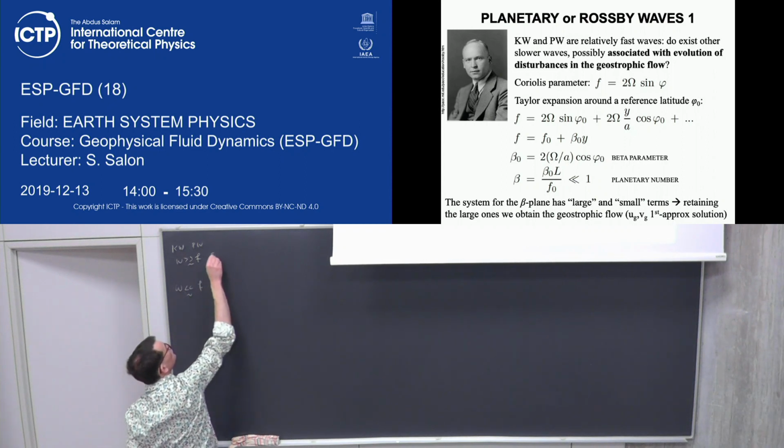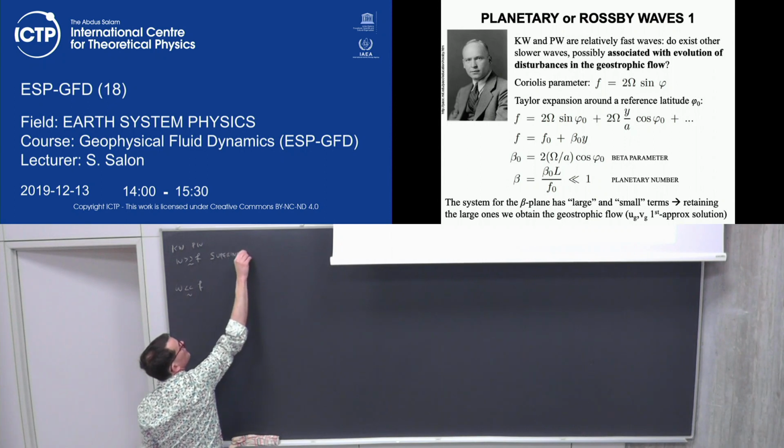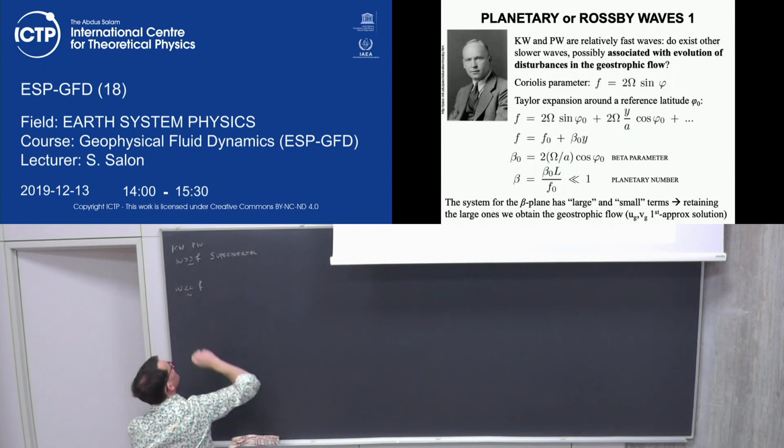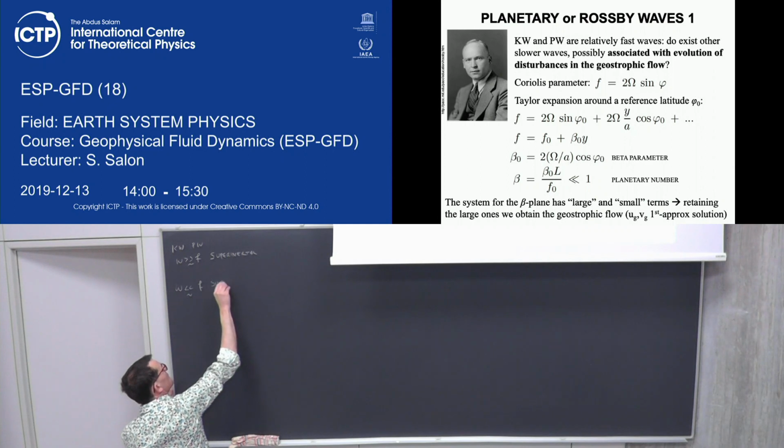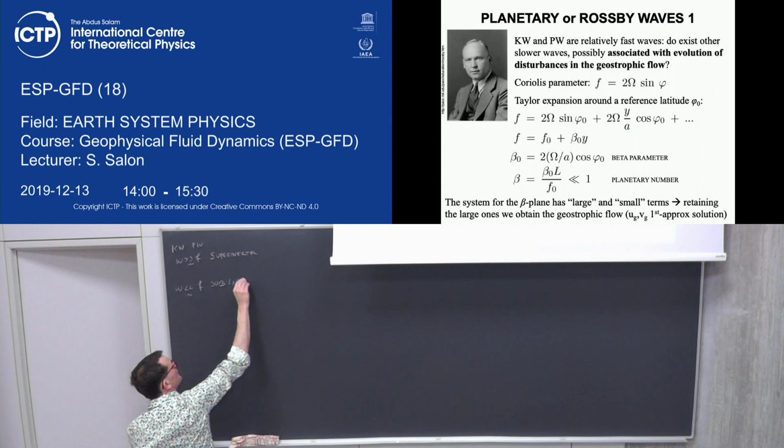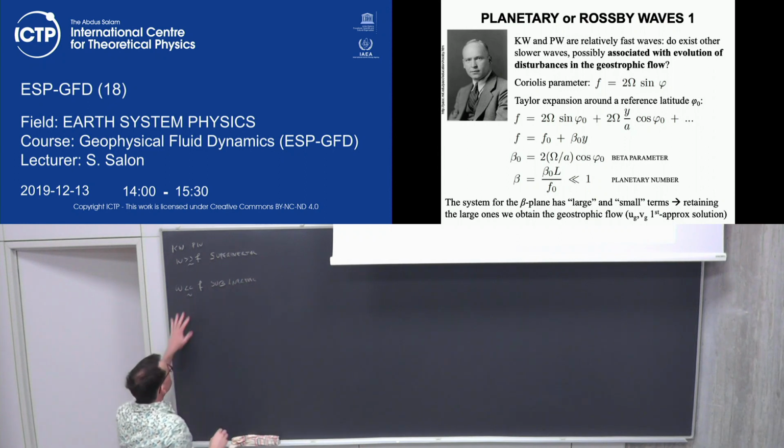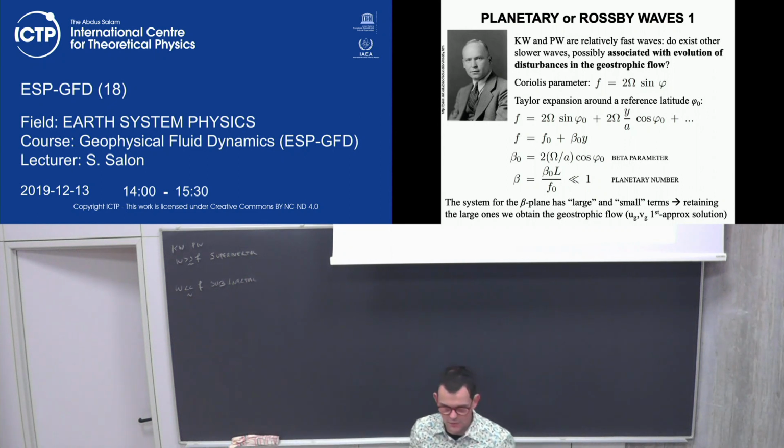So these are called super inertial, while the others are sub inertial. Why sub inertial? Because we are looking for something that gives a perturbation to the geostrophic flow.